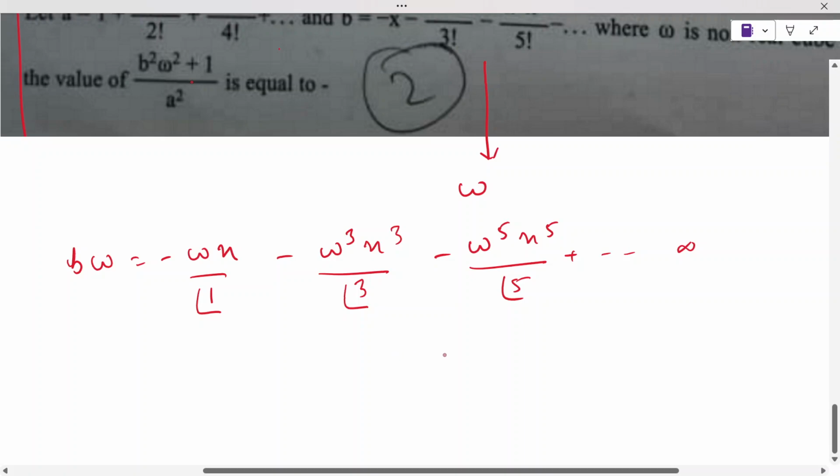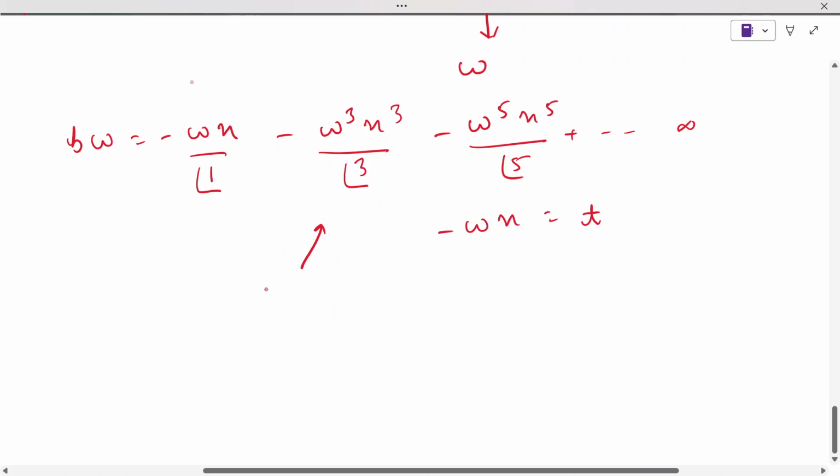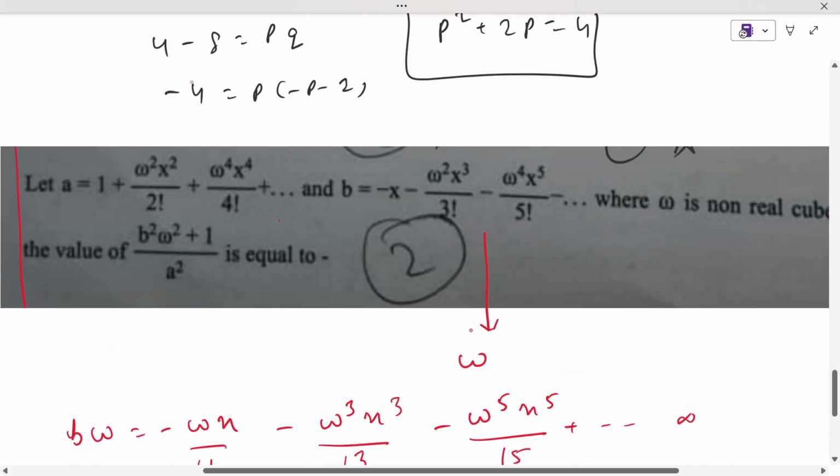If I take minus omega x as, let's say, t, in this equation, it is simply written as b into omega equal to t upon 1 factorial plus t cube by 3 factorial plus t^5 by 5 factorial. Fine? This thing is there.